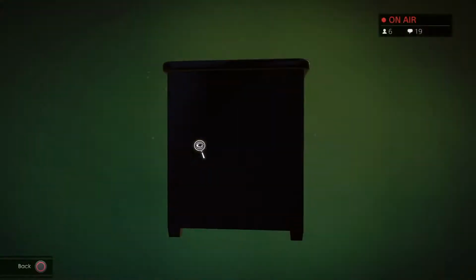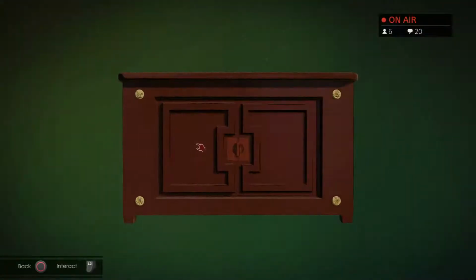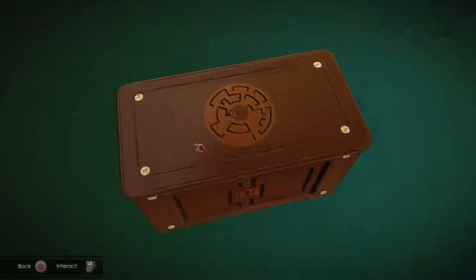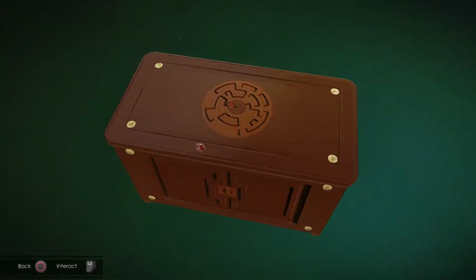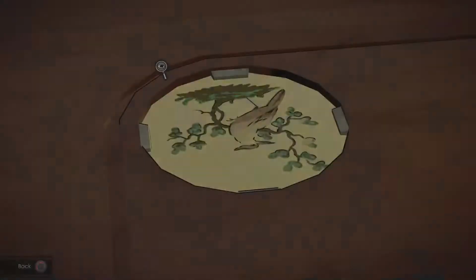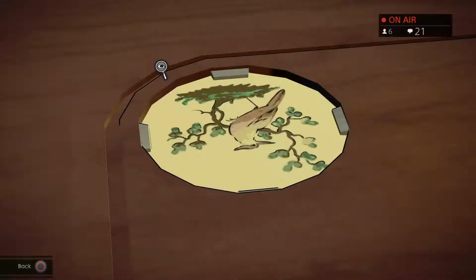No, I want to look at the back, not the front. Okay, let's have a look at this one. So like a bluish green upside down.